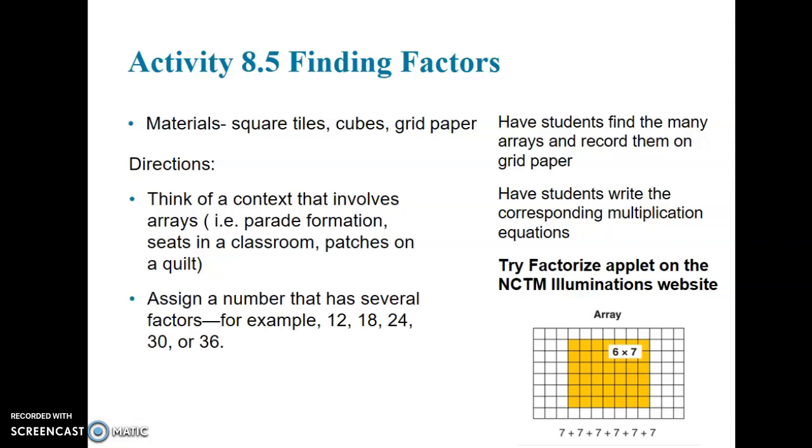Then have them record their answers by drawing them on grid paper. For each, write the corresponding multiplication equations. For students with physical disabilities who may have limited motor skills to manipulate materials, try the factorized applet.